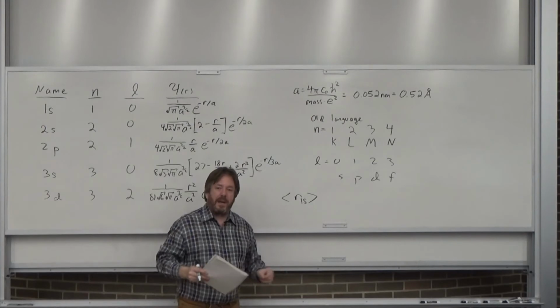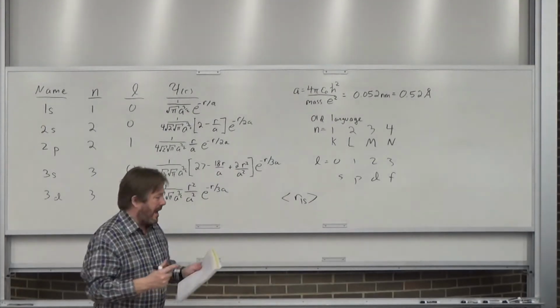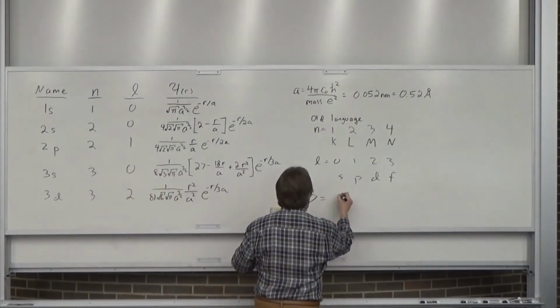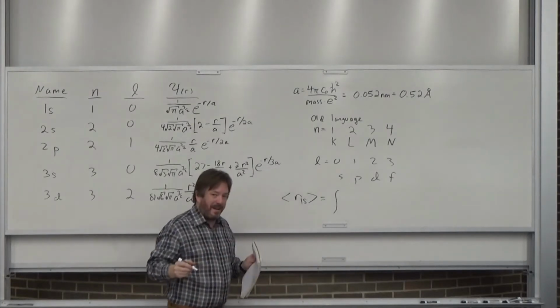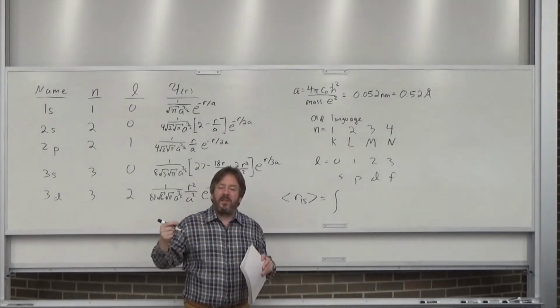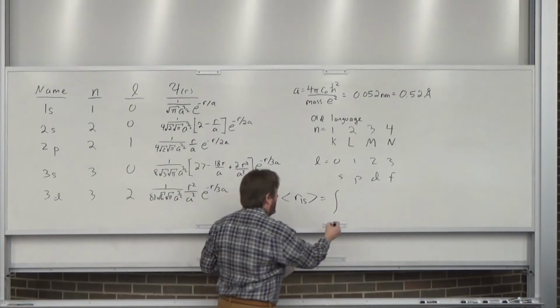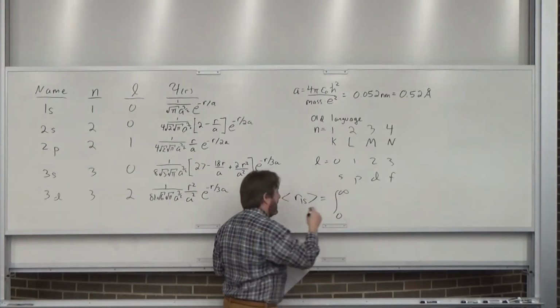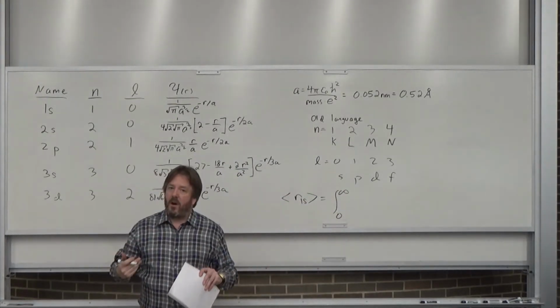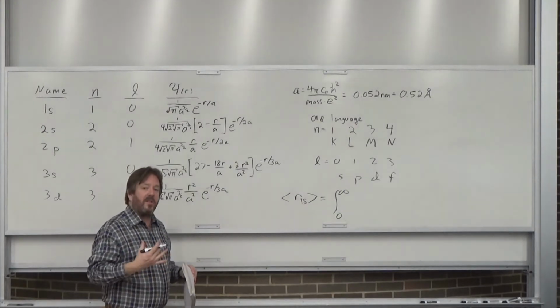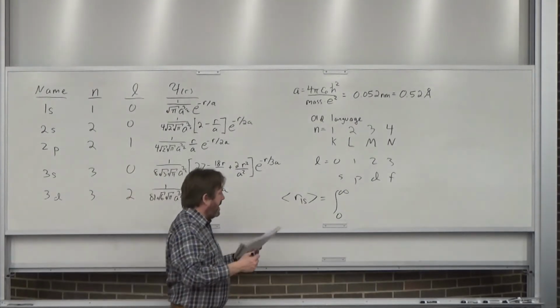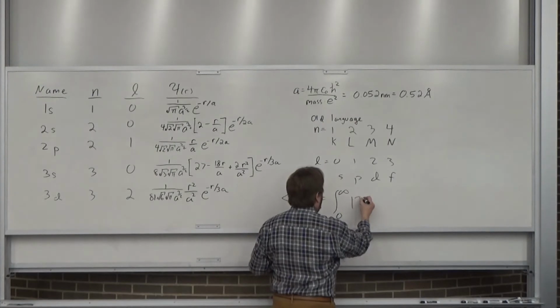Now, to remind you of what you can do with wave functions, notice that I'm writing an expectation value. How do we do expectation values? You better know how to do expectation values in general, but there are always some nuances, like what are the limits? Well, it would be 0 to infinity. There's no such thing as a negative r. R is the net distance, right? There are no negative net distances.